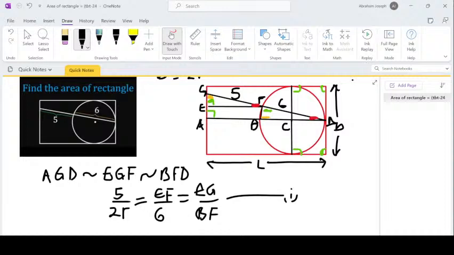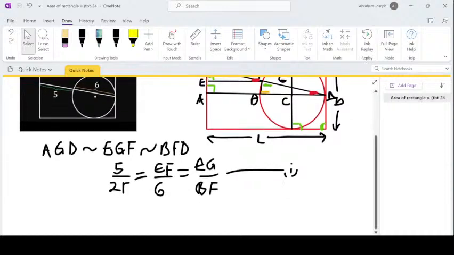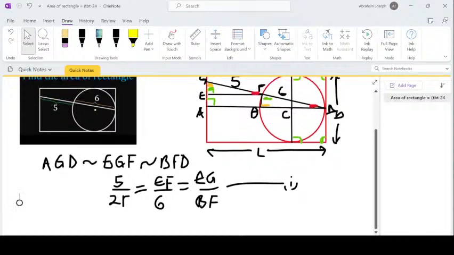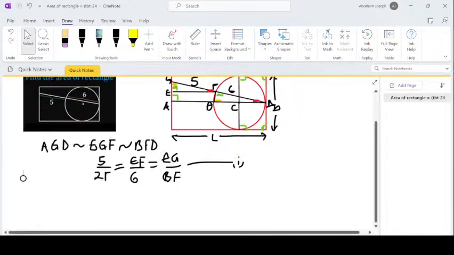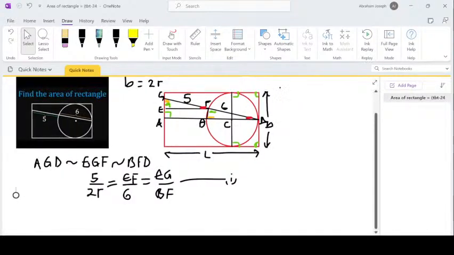We'll take another corresponding pair. We'll now find the relationship between AGD and BFD. For AGD, we have GD, which is the longest side.